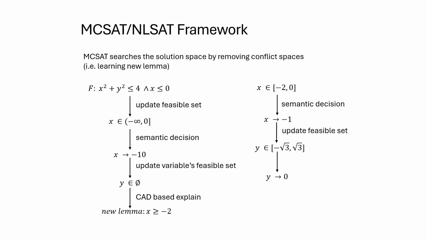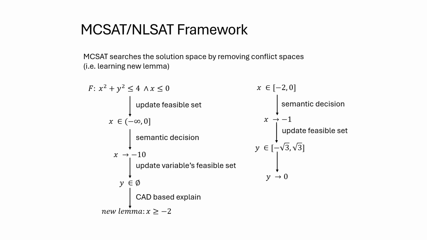Then we update the feasible set according to clause 1, because x is assigned and this clause is univariate in the arithmetic variable y. We find that the feasible set of y is empty, so this clause is in conflict. We use a CAD-based explanation to generate a new lemma, and find that x must be greater than or equal to -2.